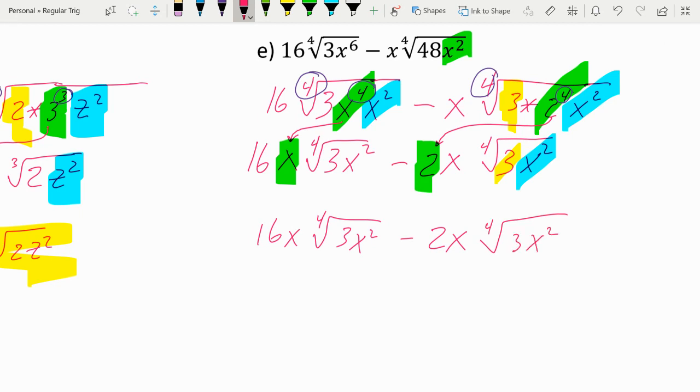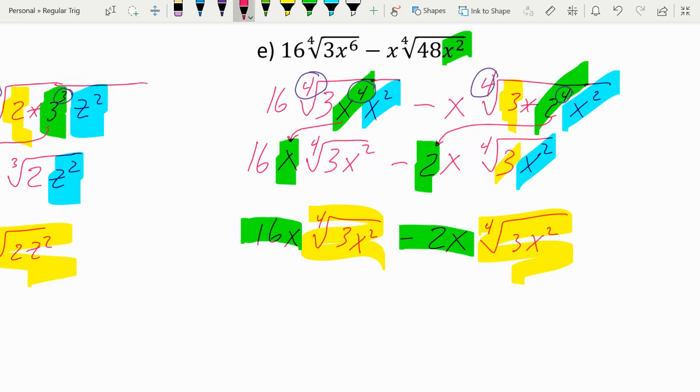Again, what am I noticing? I look at this and I'm like, the fourth root of 3x squared, the fourth root of 3x squared, exactly the same. That's what I want. I want them to be the same because I want to be able to combine the stuff that's in front. Looking at the stuff in front, 16x minus 2x.